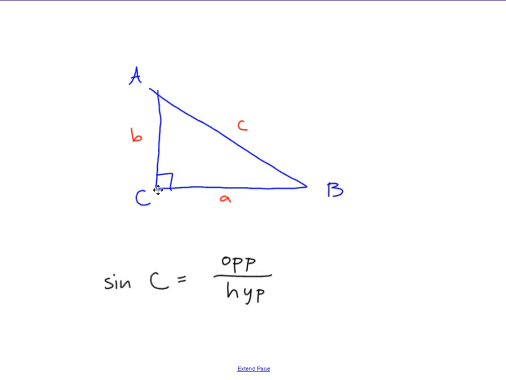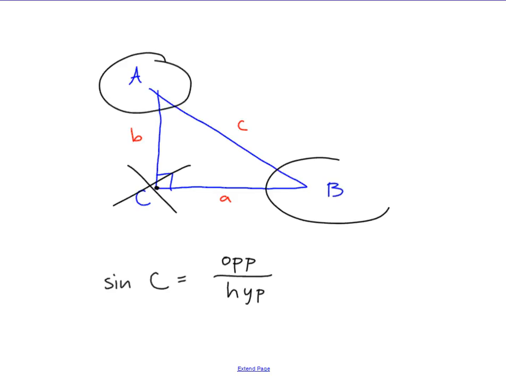Well, the problem with using this angle is that the opposite is the hypotenuse. So we can't ever do that. So never use your 90-degree angle. You can only use your two acute angles as the angle you use for your trig functions.